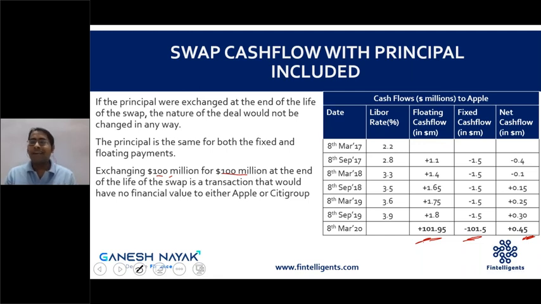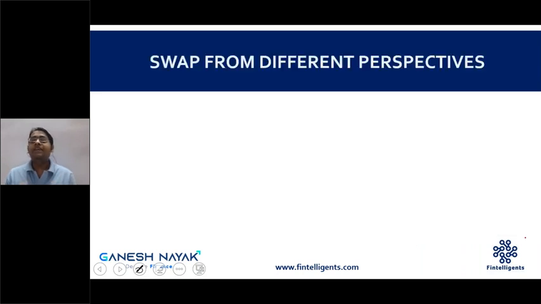Now we are entering a domain where you will understand how a company uses a swap and how we see a swap from a very different perspective. Okay, the next part is basically swap, and we are looking at it from a very different perspective. We are taking the same example, Apple and Citigroup.